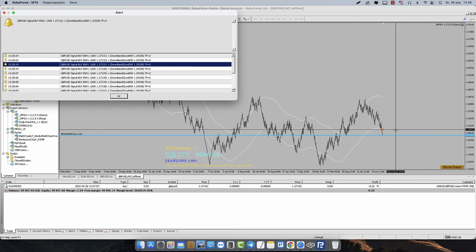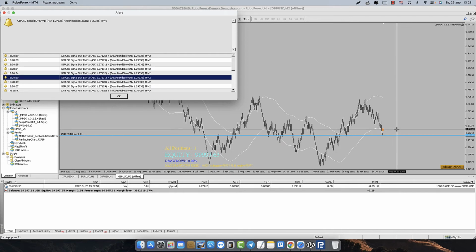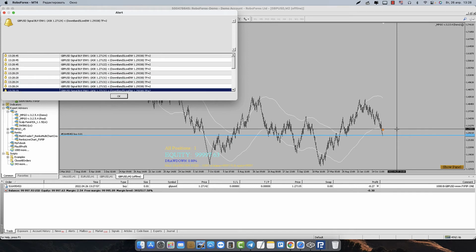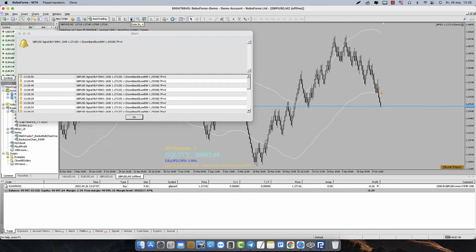the price of the down slow band is. It tells us 1.2933, 2933 GBP/USD. Sorry, I need to make it like this.